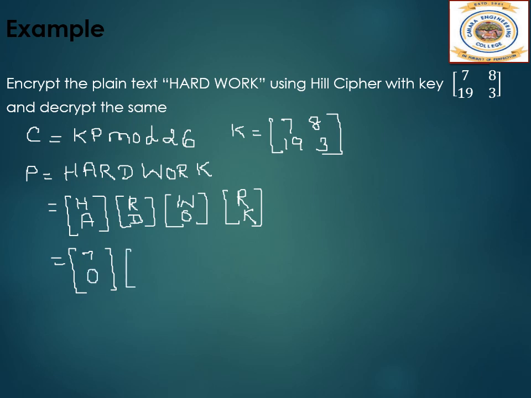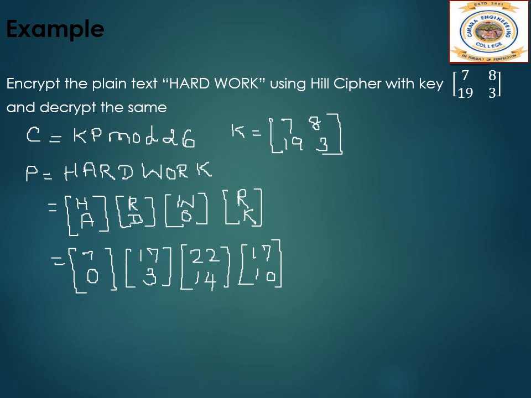R is equal to 17 and D is equal to 3. W is equal to 22 and O is equal to 14. Then R is equal to 17 and K is equal to 10. So now we have written the numerical equivalent of the alphabets.